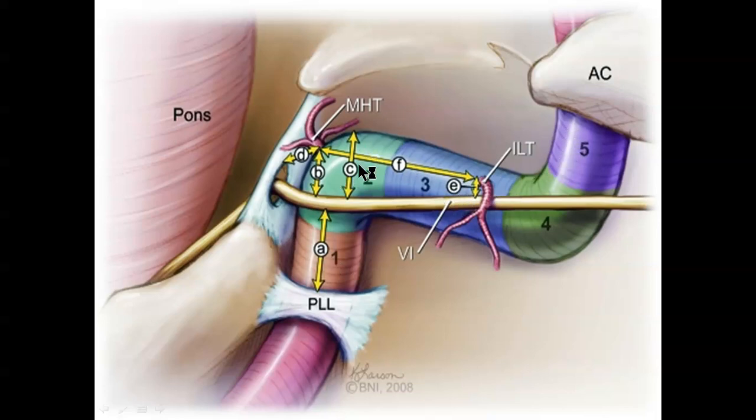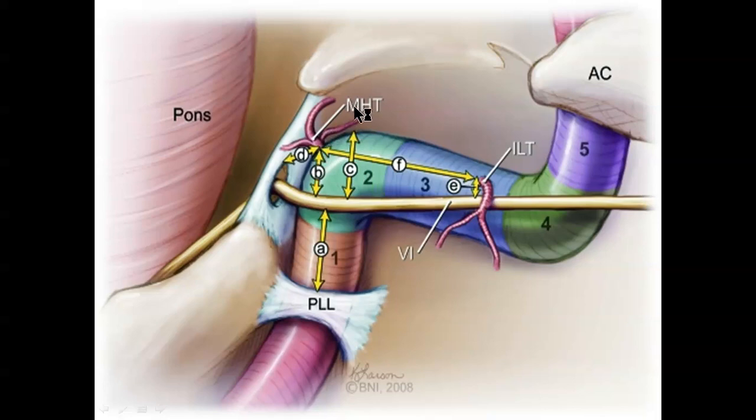So this is the cavernous segment. Now about a few branches of the cavernous segment: the main one is the meningohypophyseal trunk, and this one is the inferolateral trunk arising on this side of the cavernous segment.